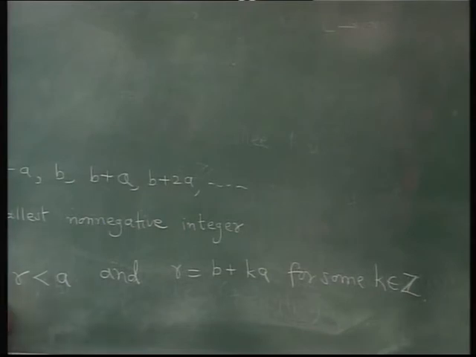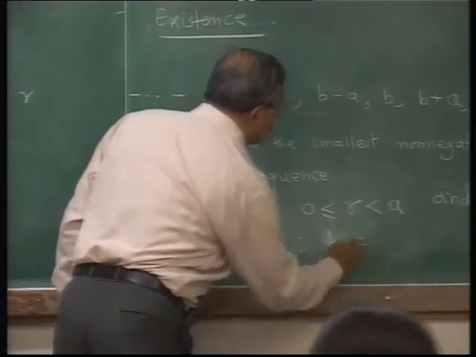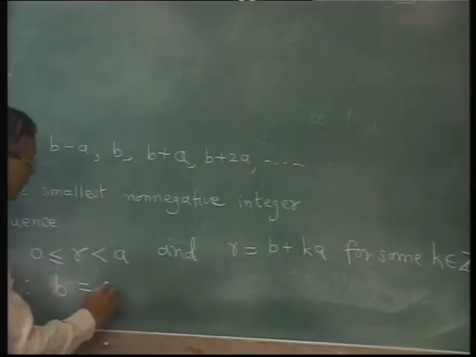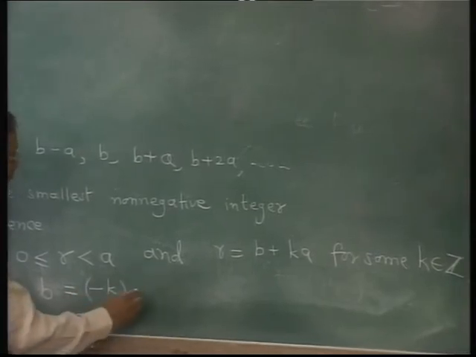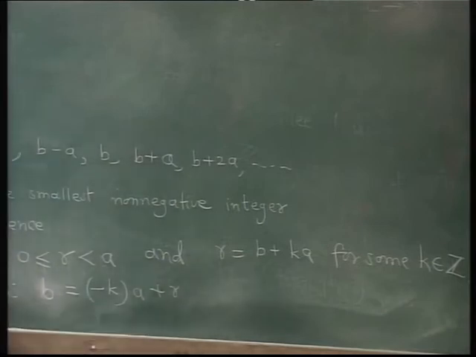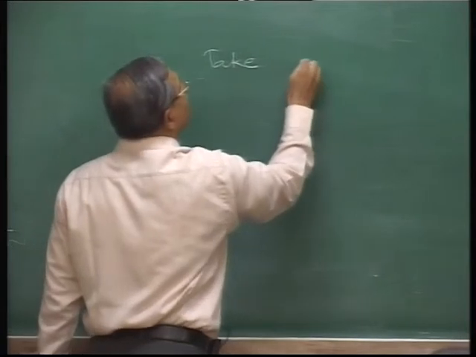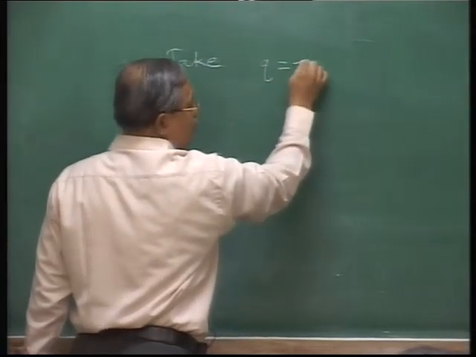Therefore we have r, so we have b is equal to minus k times a plus r, and we are done here, because you can now take q equal to minus k.